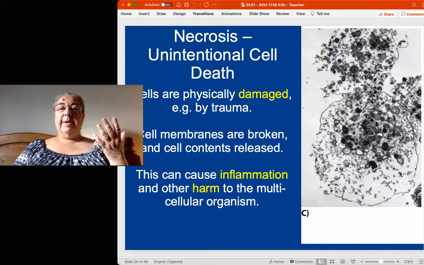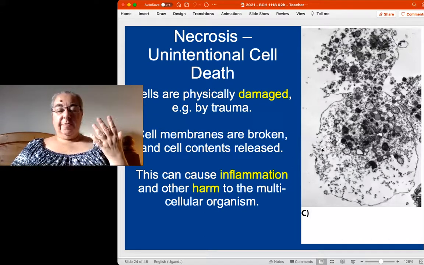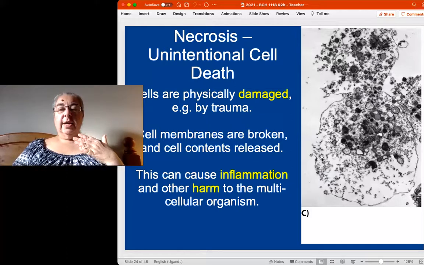So the organism can be harmed by this sort of unintentional cell death. This is one of the reasons why, if we have an injury, a scratch or a cut, we tend to get swelling at that place, because the immune system is dealing with the problems caused by damaged cells.